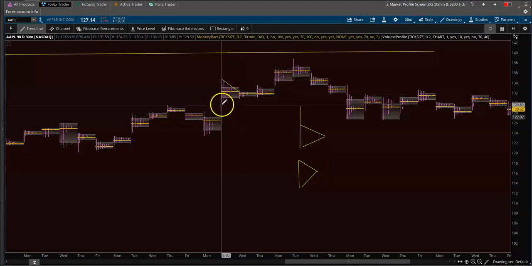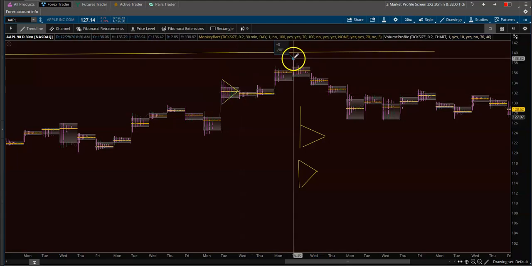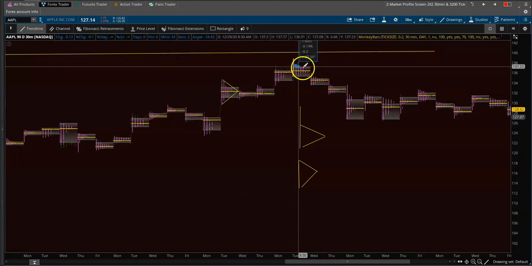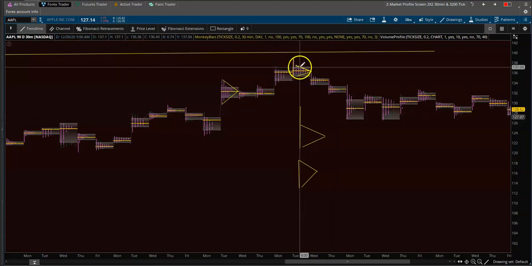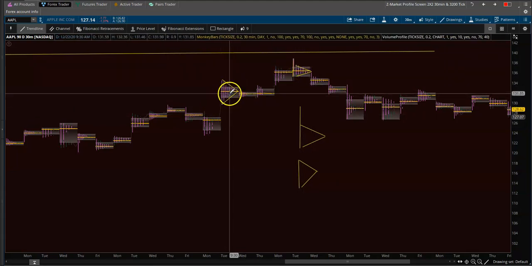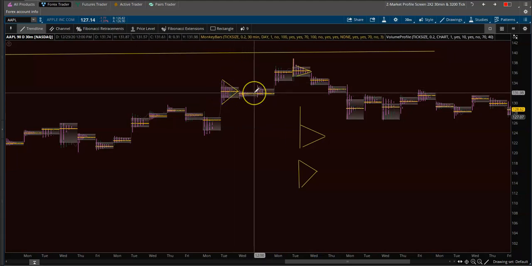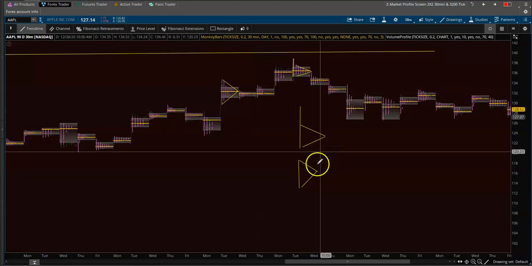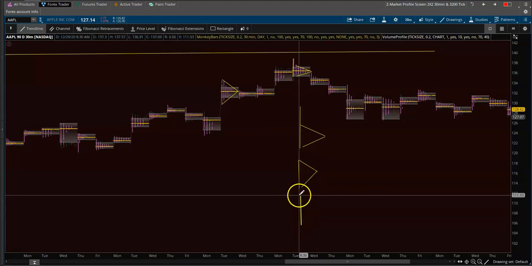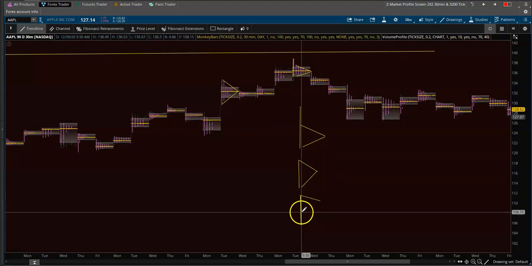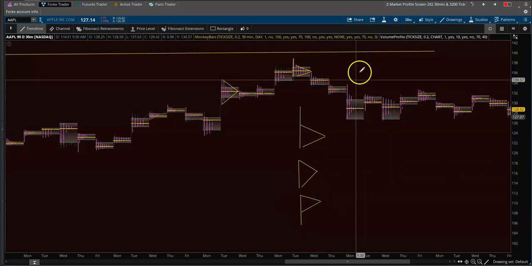Here's a balance, here's our B shape profile, and remember, this is bearish. Balance is where we're going sideways and the market is accepting prices at that level. That's what balance is. And then finally, you have the P shape, which is a bullish pattern.